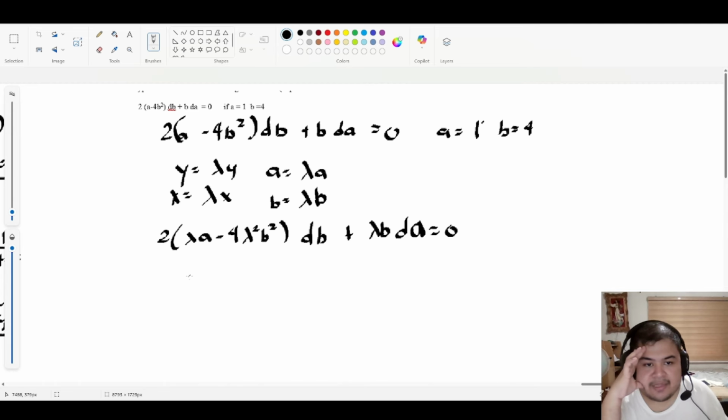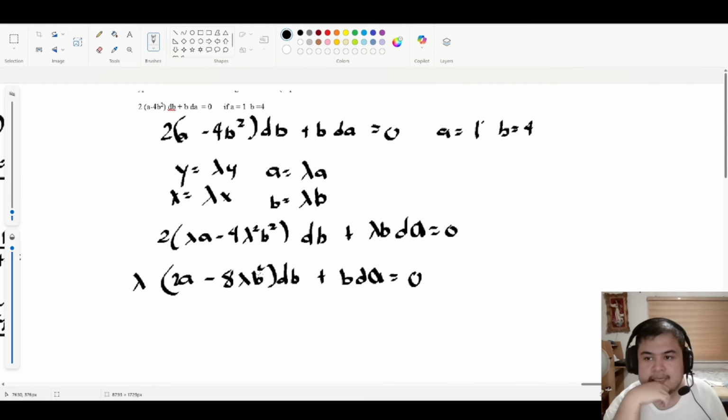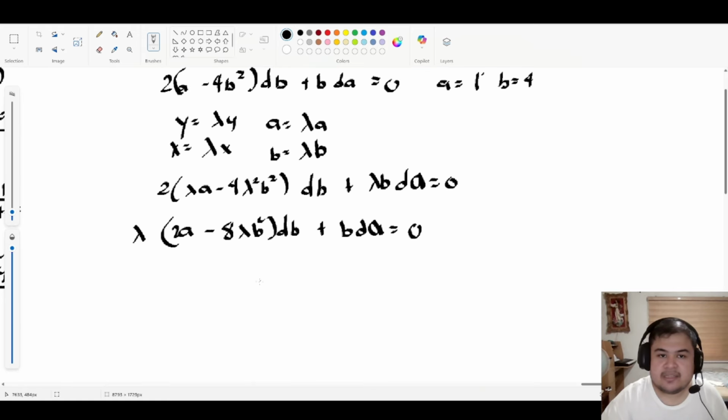So, we can separate lambda from the equation, but it is not enough. There is still one lambda at the b squared. So there's still a remaining lambda at the b squared. So it is not homogeneous. The degree of the terms are not equal.